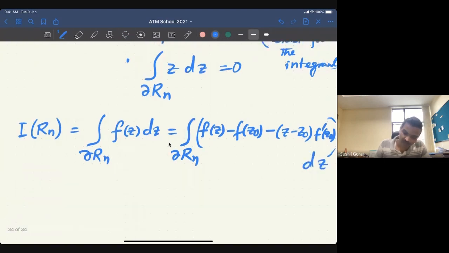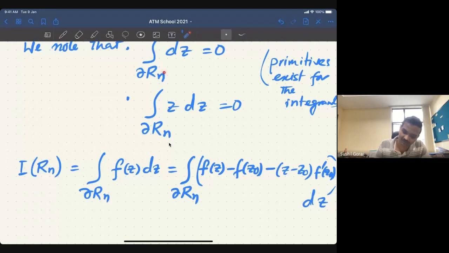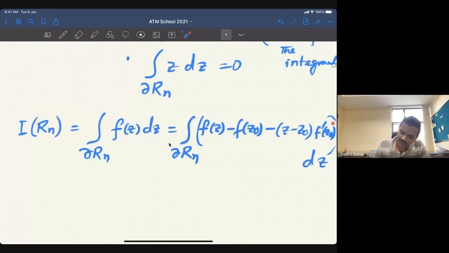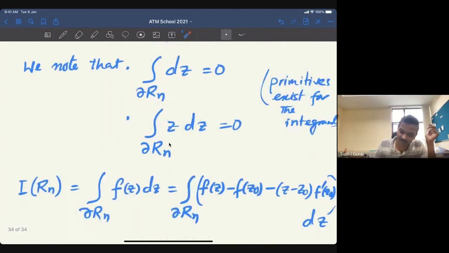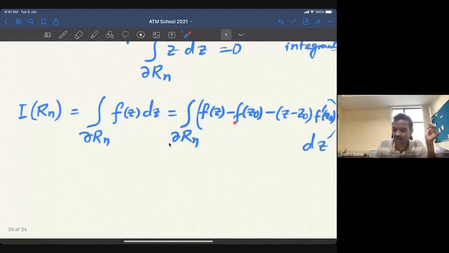All right. So note, what did we do? This is a constant, so the integration over del Rn of 1 dz is 0 here. And here, f prime z0 is again a constant, so it comes as the integration of z dz, which is 0 here. And z0 f prime z0, both of them are constants, so it boils down to 0 here. So subtracting these things does not actually contribute anything to the integration. All right.